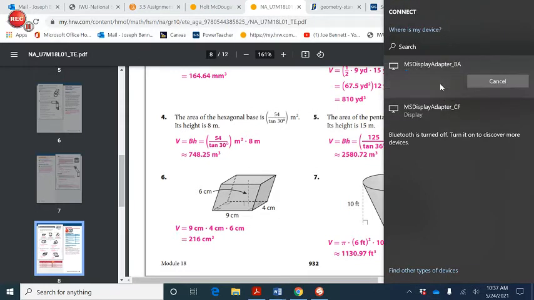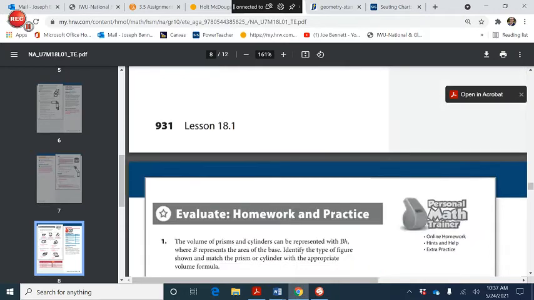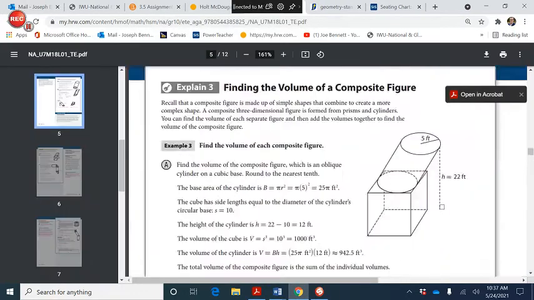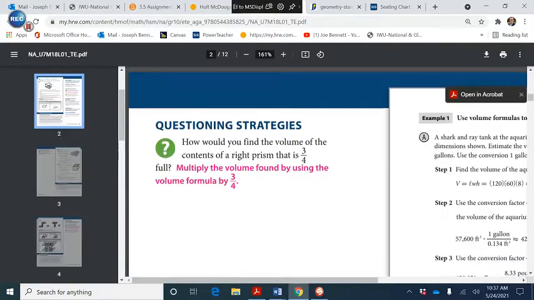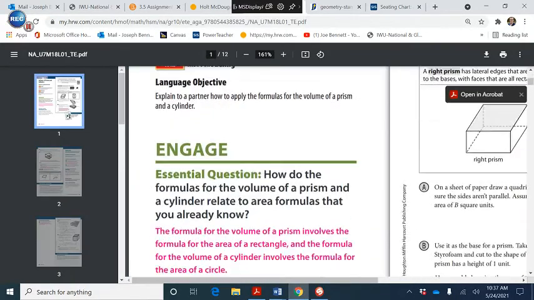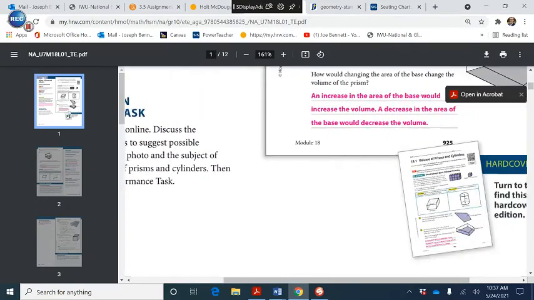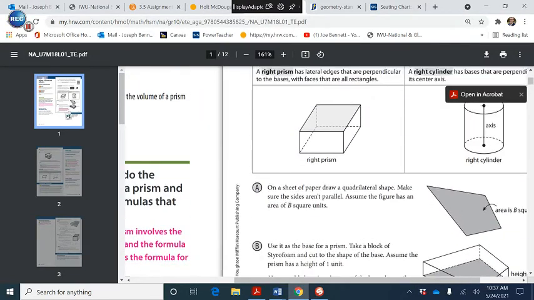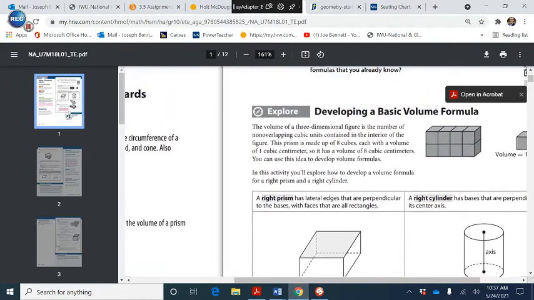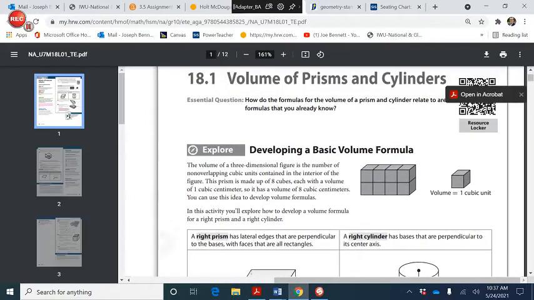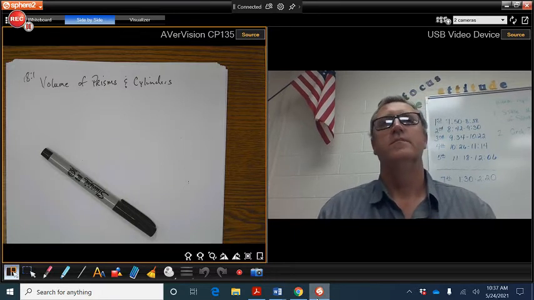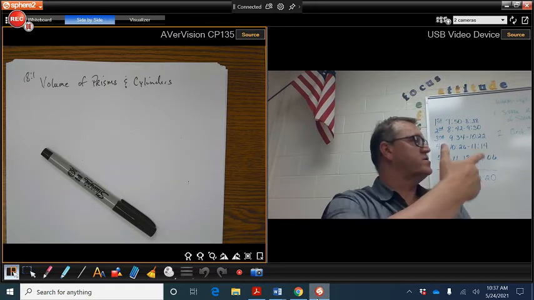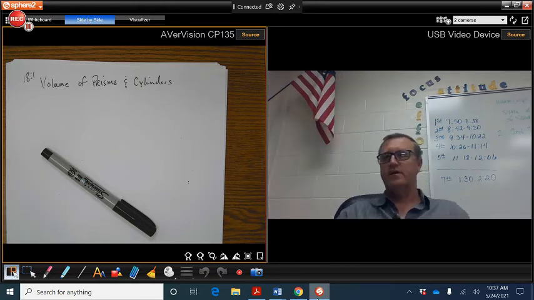Looking at the book, section 18.1, page 925. I'm going to have it up on the screen for you. You can look at your regular book.